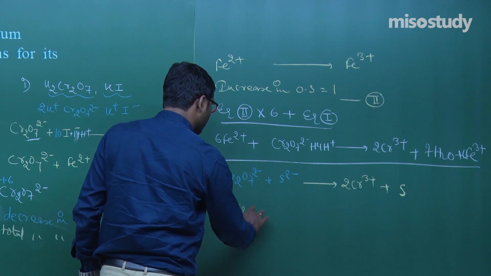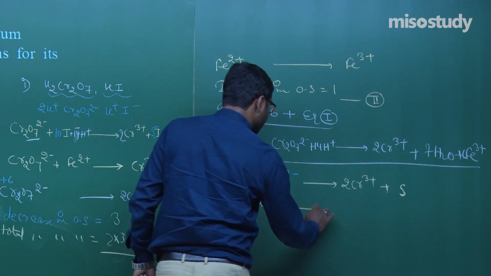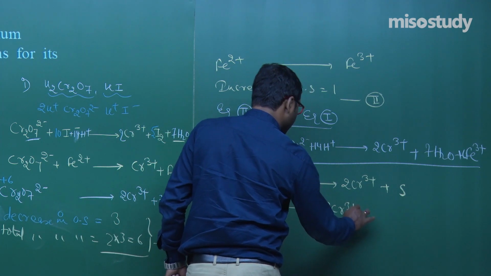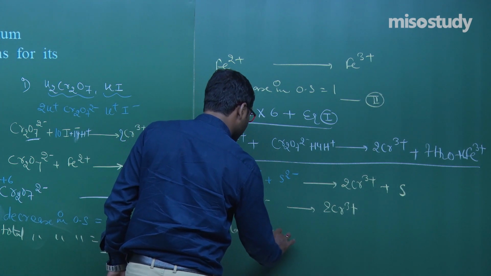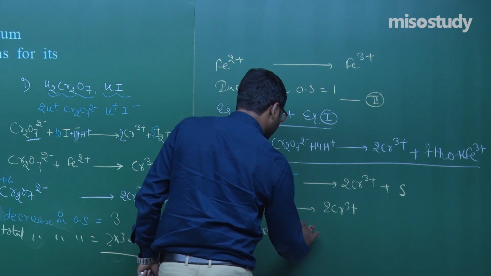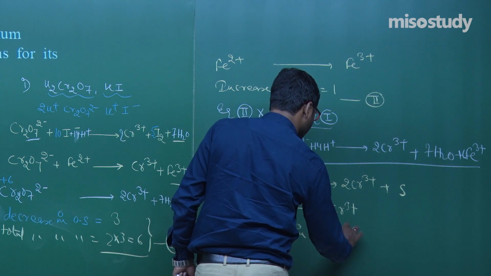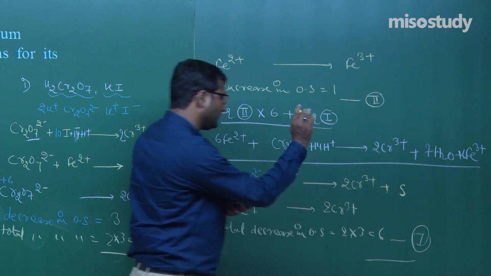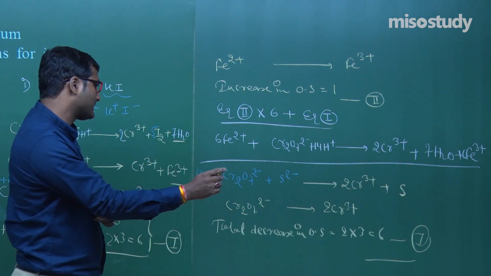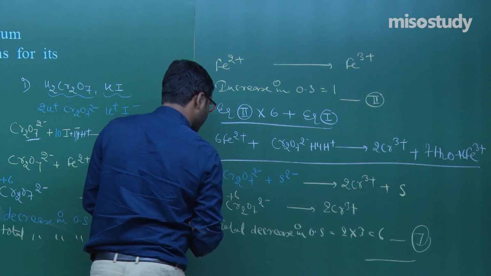Now Cr2O7 2 minus converted to 2Cr3 plus, that is the total decrease in oxidation state. Yes sir, the total decrease in oxidation state is 2 into 3, that is 6. This is equation 1, my friend. Am I right? Yes sir, because it is in plus 6 oxidation state.